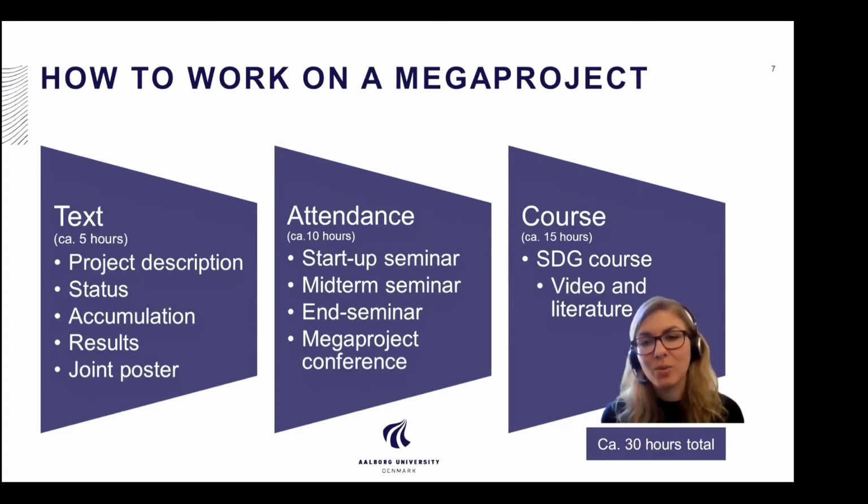This is also a way for you to gain some knowledge on how other disciplines work. It's a way for you to get something very specific about interdisciplinarity and sustainability on your CV when you are moving on from the university. You get a diploma, an official diploma from Aalborg University, saying that you have special competencies within these areas.